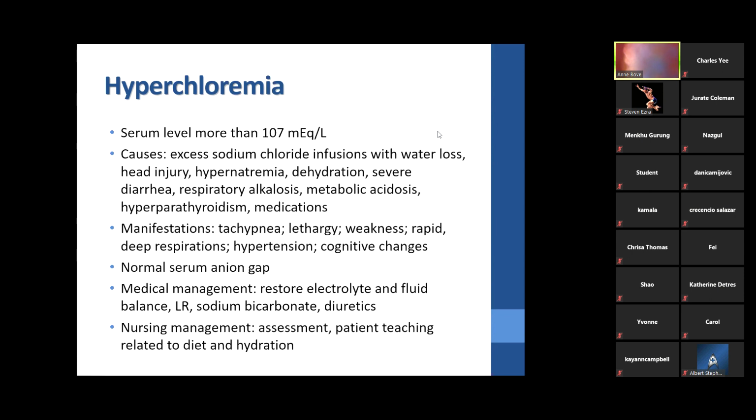You could see hypertension, cognitive changes, and it plays a role in terms of your anion gap. Remember, your anion gap is your sodium minus your chloride plus your CO2. And your medical management is going to be to restore electrolytes and your fluid balance.